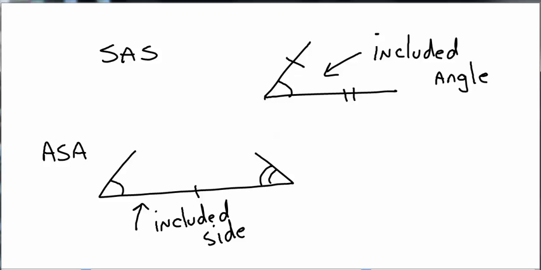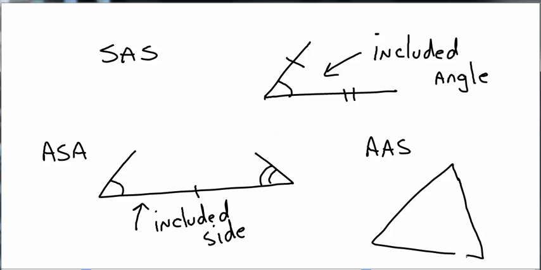Clear? Alright, and then you've got angle, angle, side. It's going to be a non-included side, right? So it would look more like angle, angle, side. That is a non-included side.